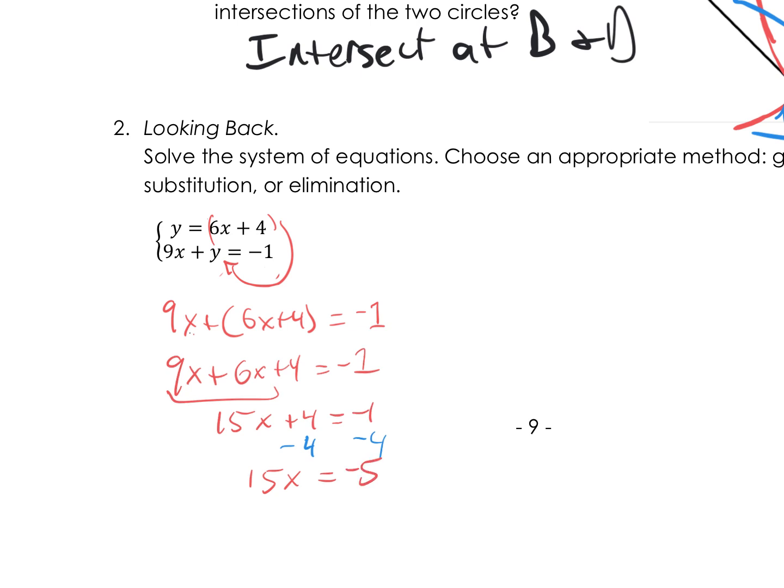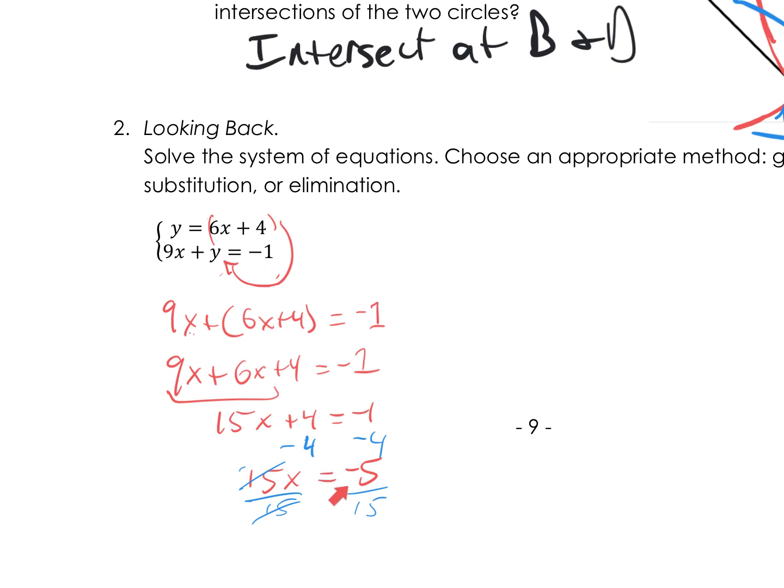And now we have 15 times x. We want to get x all by itself, so what do we want to get rid of? We want to get rid of the 15. It's being multiplied right now, so let's divide by 15. Okay, and that 15 goes away. And what is negative 5 divided by 15? Well, look at it. You don't need a calculator. It's a fraction. We write it as a fraction because it is a fraction.